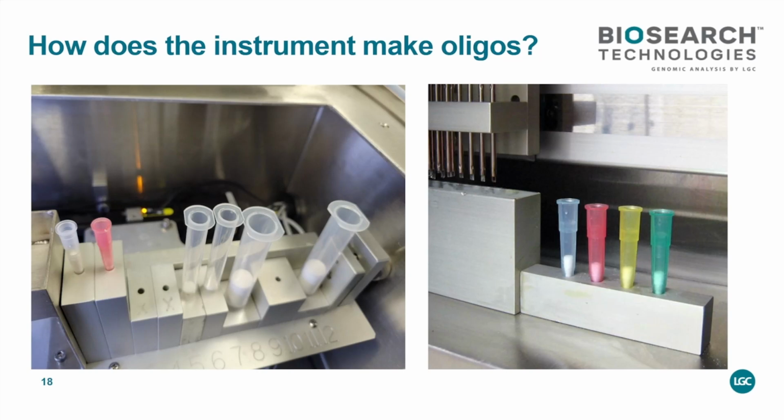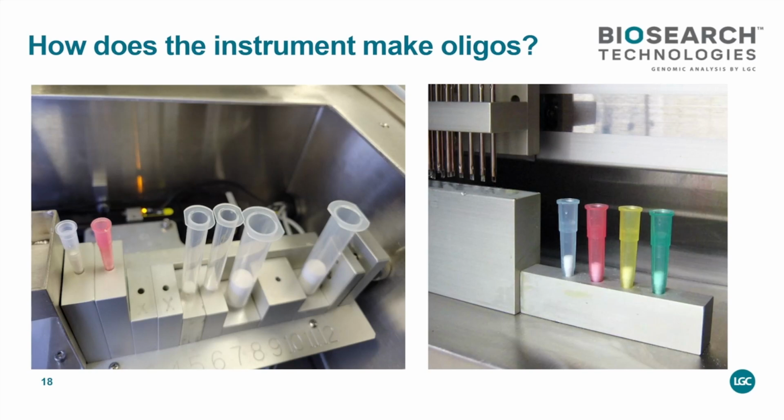So how the instrument works: there is a slide that you put your columns into. There's a line underneath the slide that goes either to the trityl monitor or to waste. The slide goes back and forth, right to left.